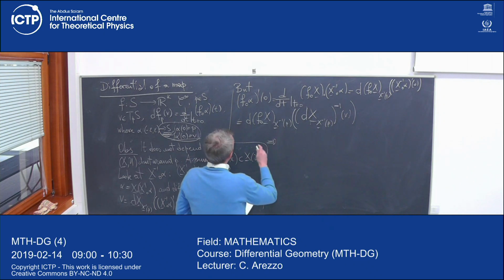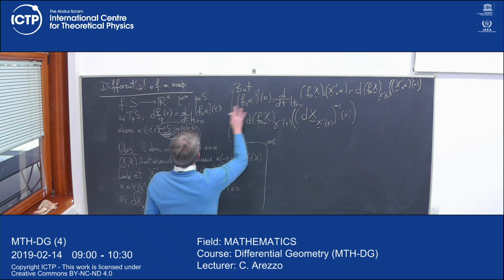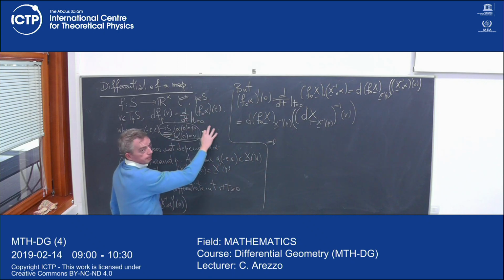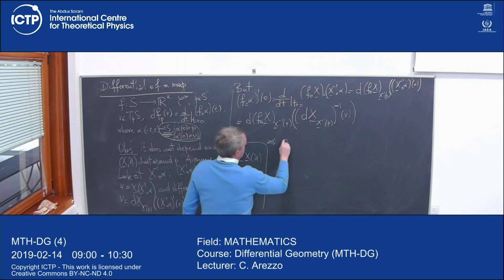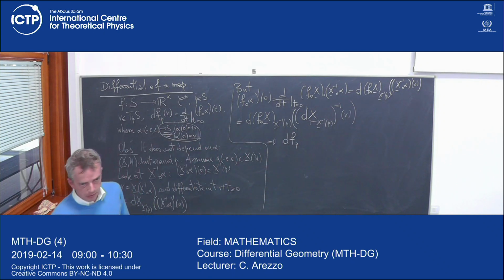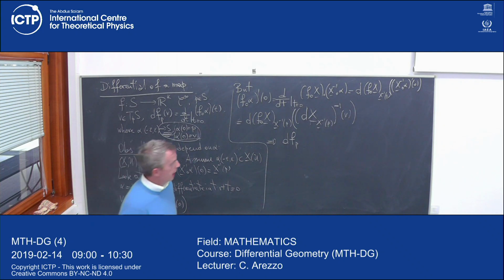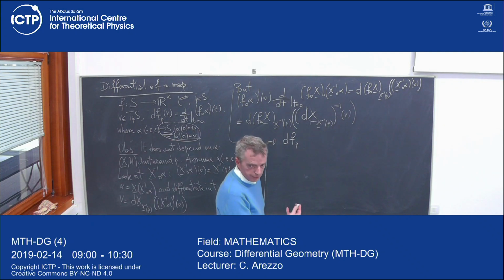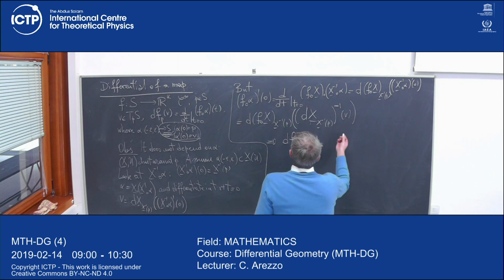So what have we really proved? This object here was this one. Okay, so in fact this was dfp. Now I dropped the v. So as maps, I wrote the differential of the function as this beautiful thing.